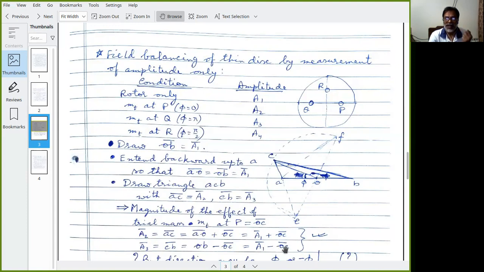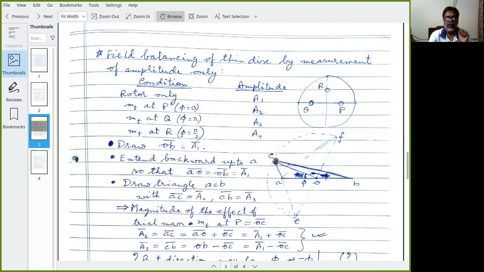So minus OC is the effect of the trial mass at Q. It should be the negative of what was its effect at P. So these two you have, and therefore you have verified that indeed OC, from the midpoint to the third vertex, is the effect of the trial mass.